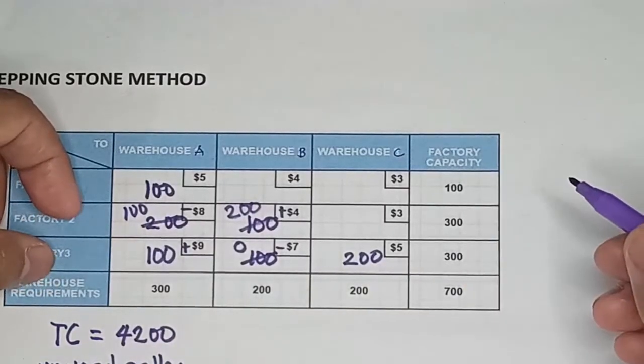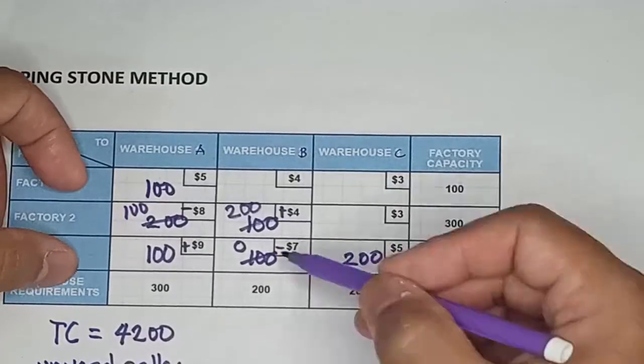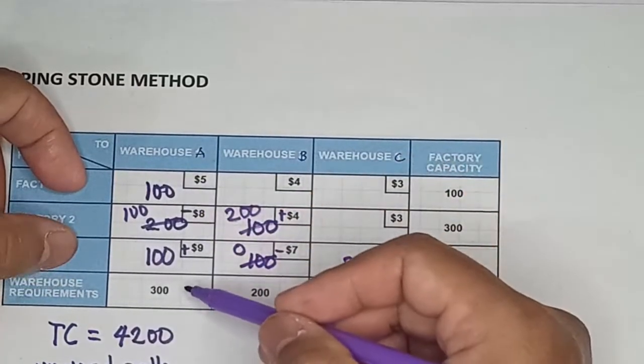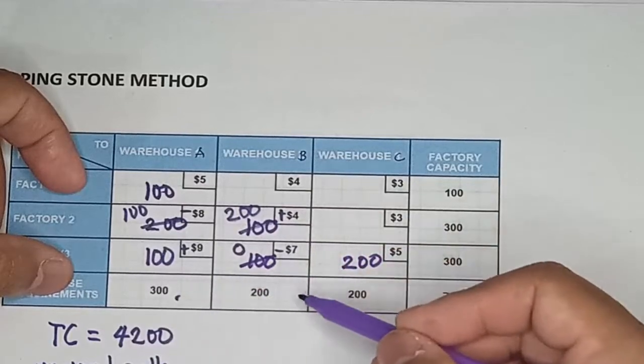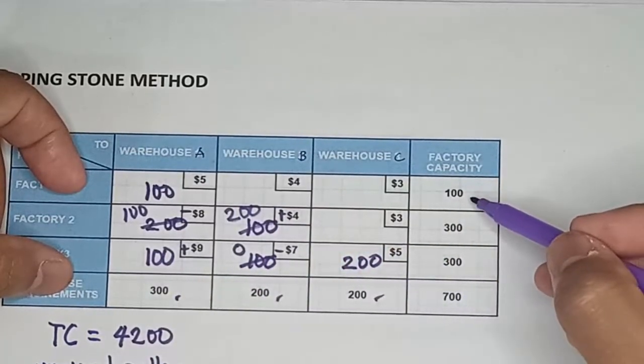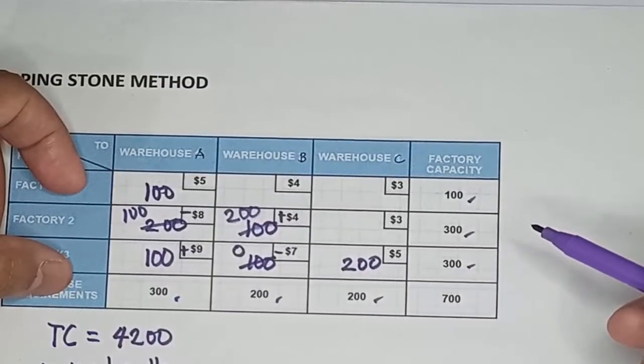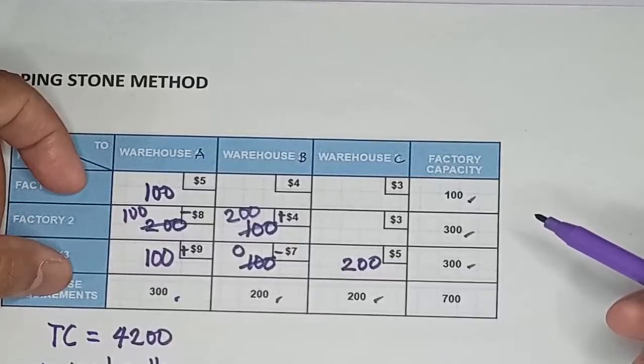So as you can see, we have redistributed 100 units while maintaining the required demands of each of the warehouses and the capacities of each of the sources.